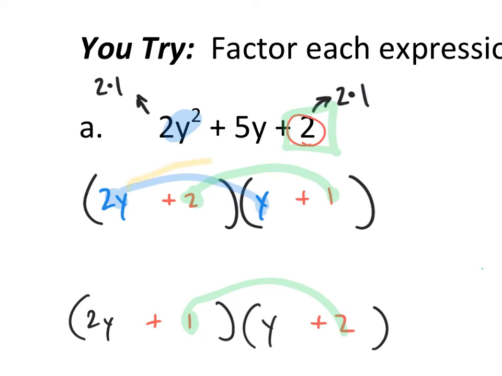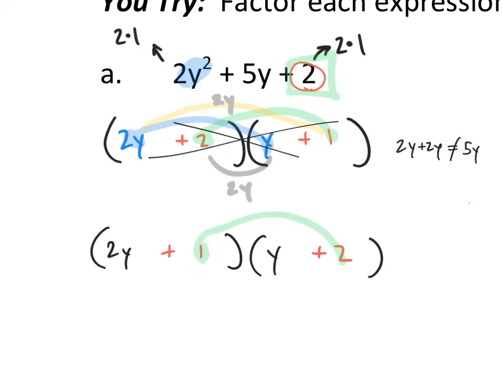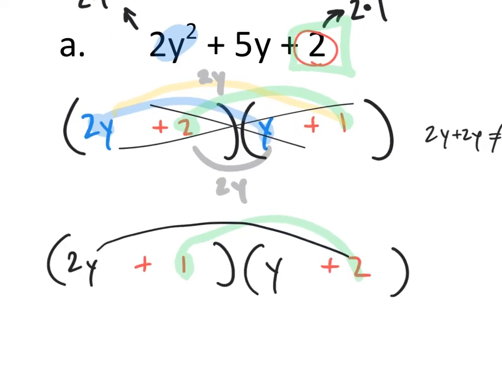So I'll now check it. I'll do 2y times 1 to get 2y, 2 times y to get another 2y, but 2y plus 2y does not match my middle term of 5y, so this one is not correct. If I check this one, though, we'll get 2y times 2 to get 4y.